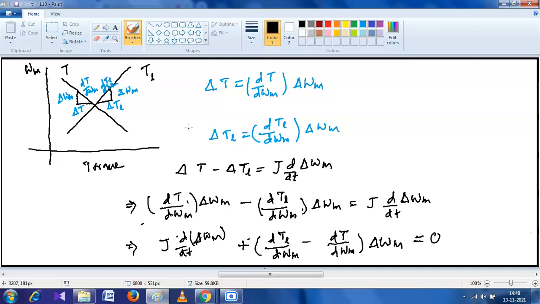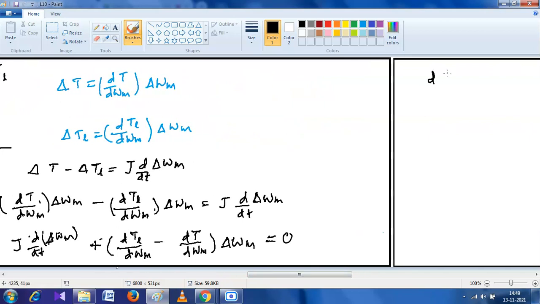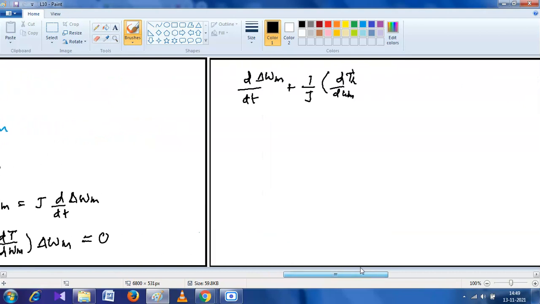So from this equation we can write d delta omega m by dt plus 1 by J into the bracket of dTL by d omega m minus dT by d omega m, times delta omega m, is equal to 0.